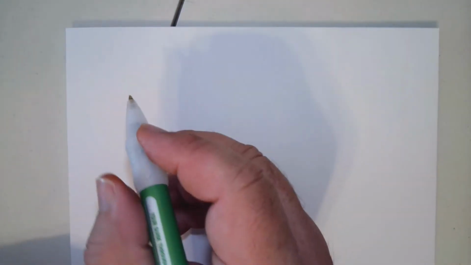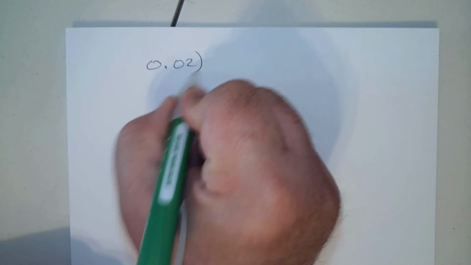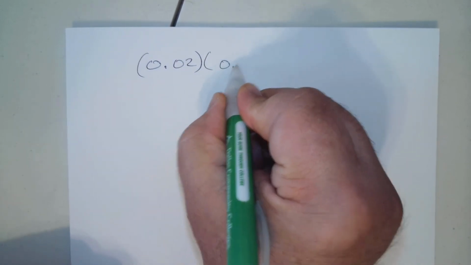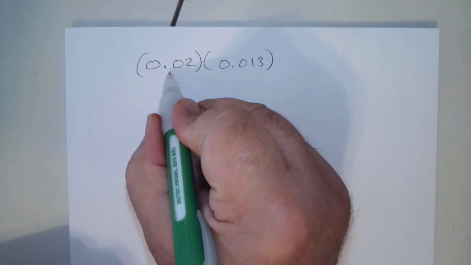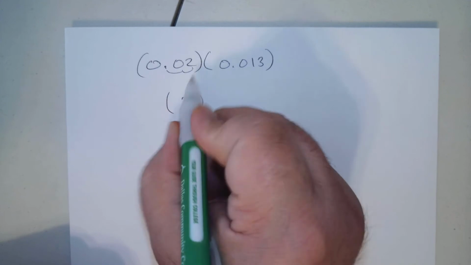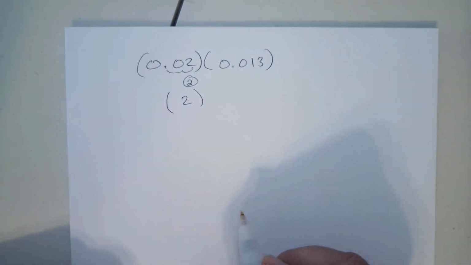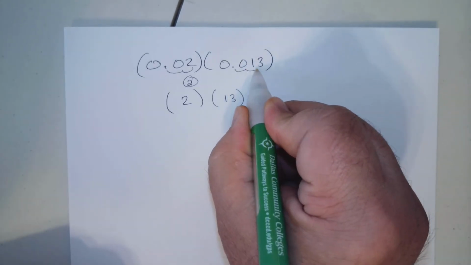Let's do another one. 0.02 times 0.013. 1, 2. I took away 2 decimal places there. 1, 2, 3.